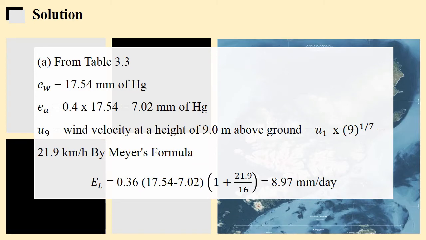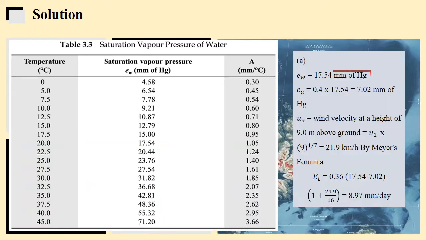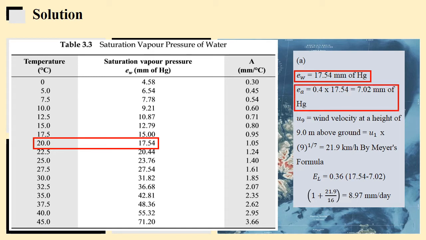The solution for problem A: given a water temperature equal to 20 degrees Celsius, we can get from the table that the value for E_W is equal to 17.54 millimeter of mercury. Thus, for the value of E_A, we multiply 17.54 by the 40% relative humidity, which we convert to 0.4.